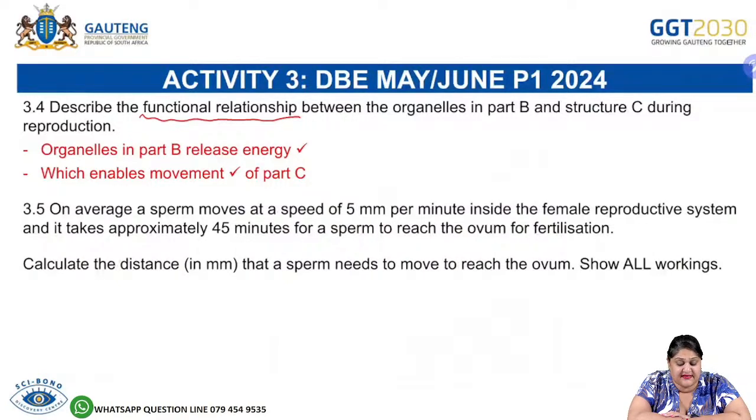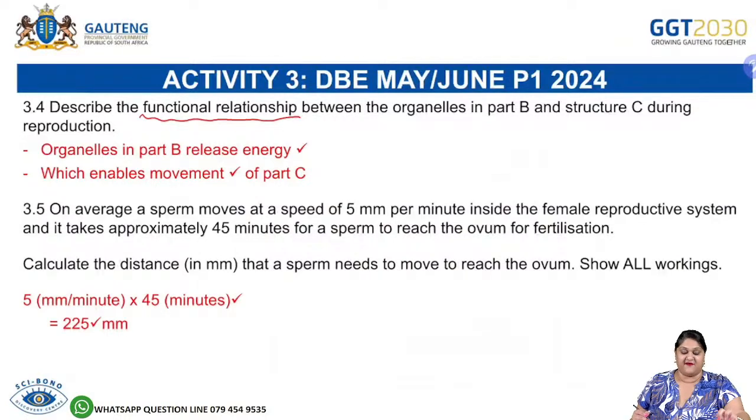So calculate the distance in millimeters that a sperm needs to move to reach the ovum. What distance does it have to go? How do you work it out? You multiply the 5 millimeters per minute by 45 minutes, and you get 225 millimeters. That's the distance that it will have to travel.